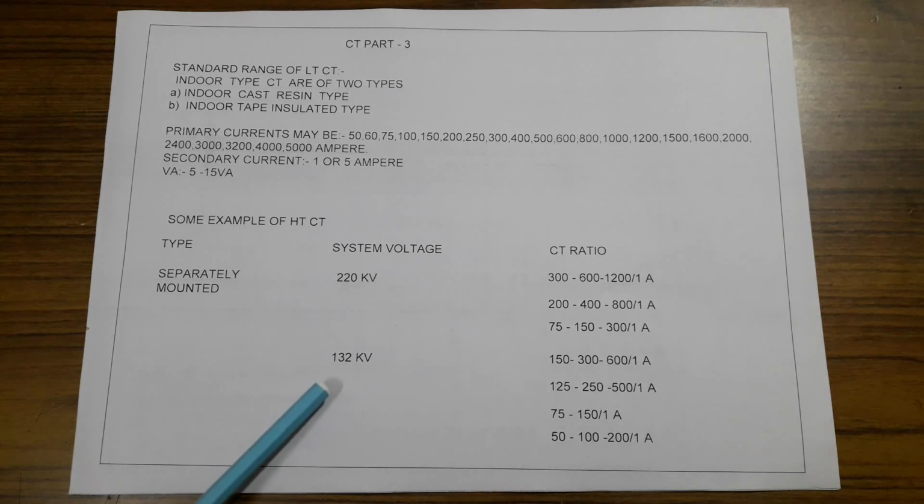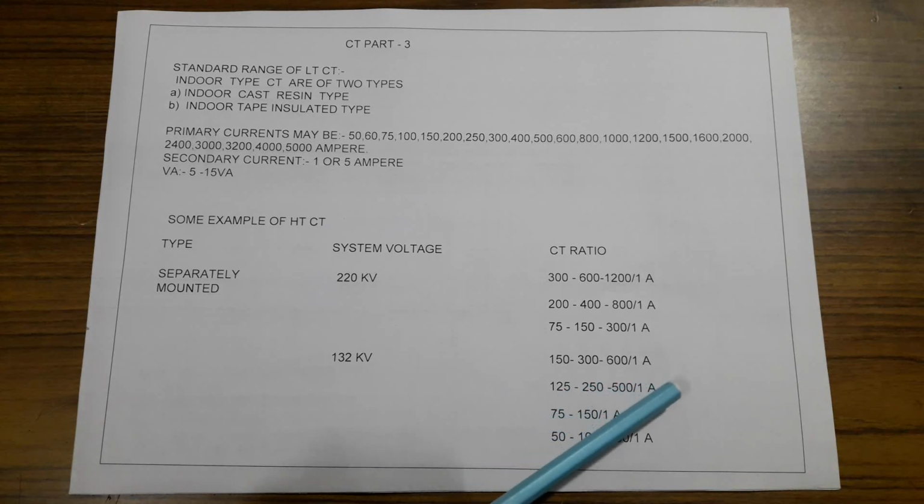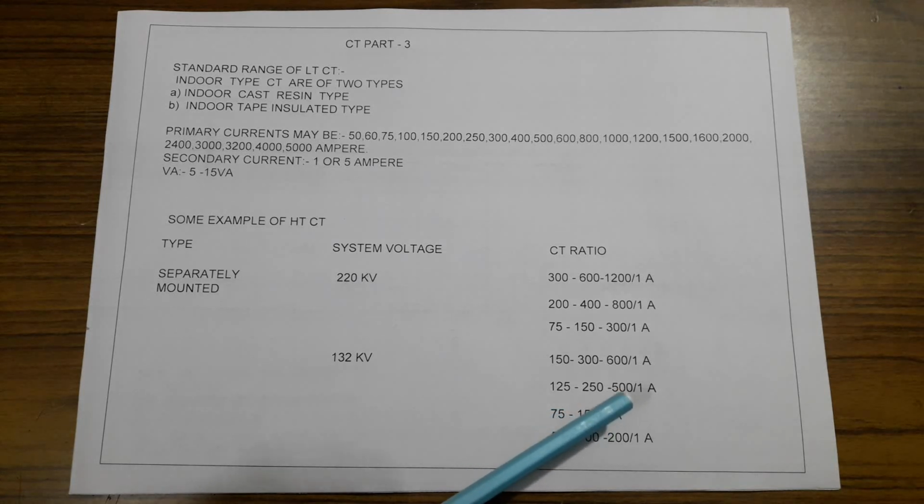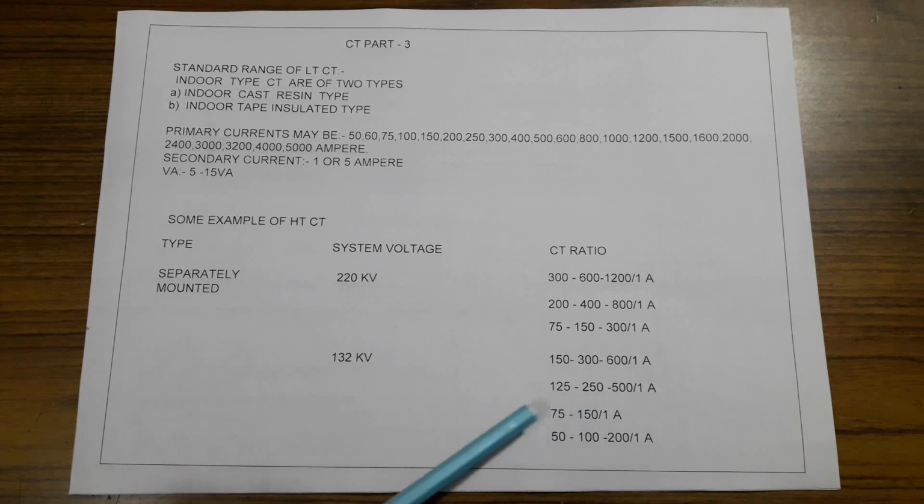For 132 kV system voltage, the primary current is 150, 300, 600, and the secondary current is 1 ampere. Again 125, 250, 500 primary current, and the secondary current is 1 ampere, and again primary current 75 and 150, the secondary current is 1 ampere.